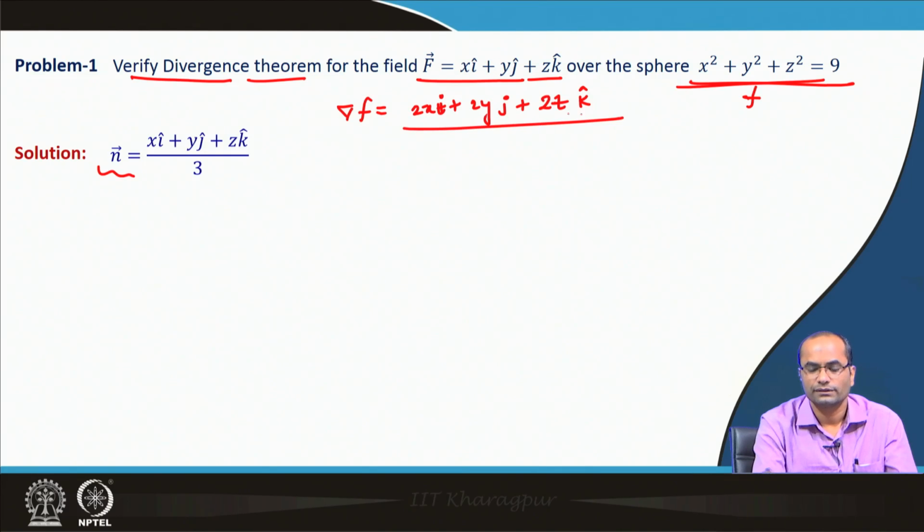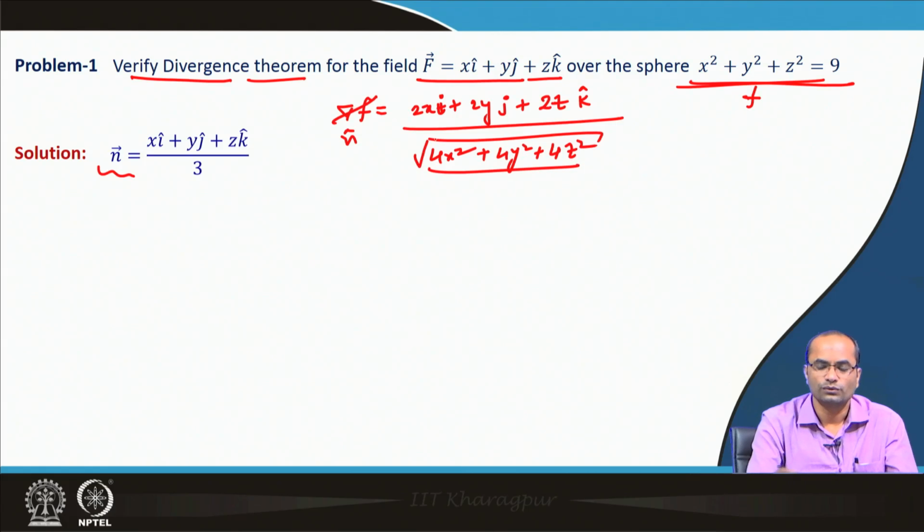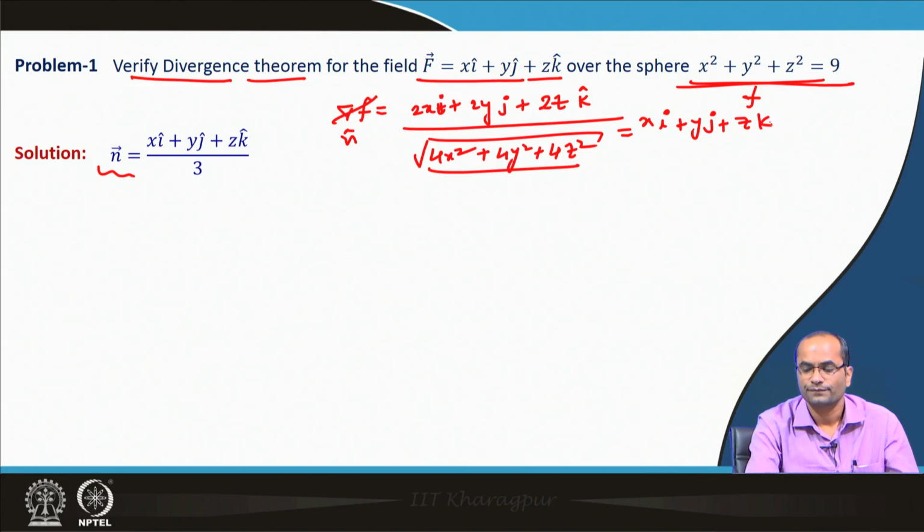And to have the unit normal we also have to divide by the magnitude of this, so the square root of 4x squared plus 4y squared plus 4z squared. So, this 2 can go out and will cancel from the numerator. So, we have then x i, y j, z k, these unit vectors, and this 2 is already settled.